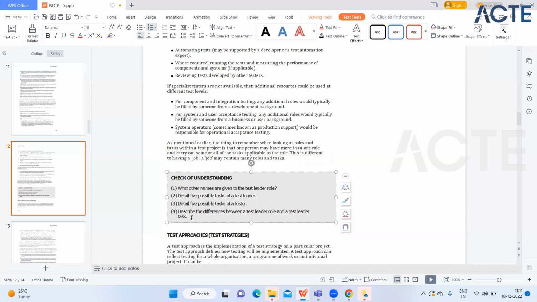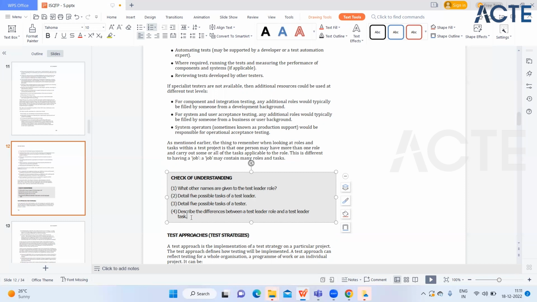Tasks we have already discussed: they have to prepare the report, manage everything, check the test strategy, test levels, everything. And role is a kind of responsibility, the main thing he or she has to do to make things run in a smoother way. So this is a kind of test leader task.